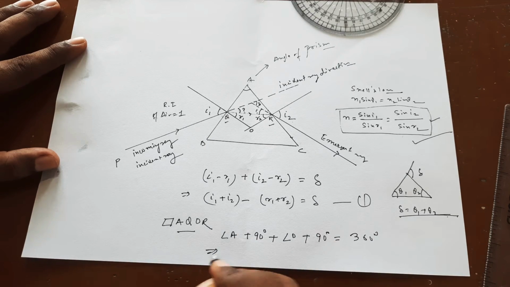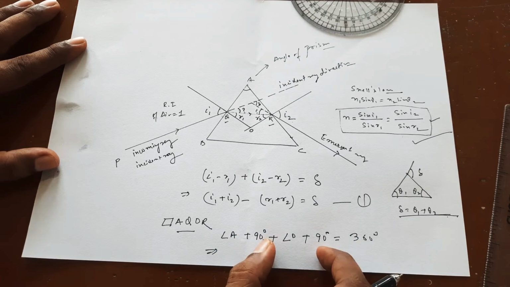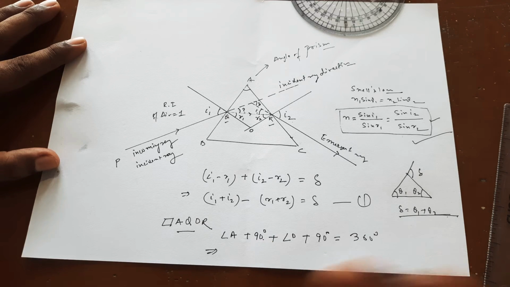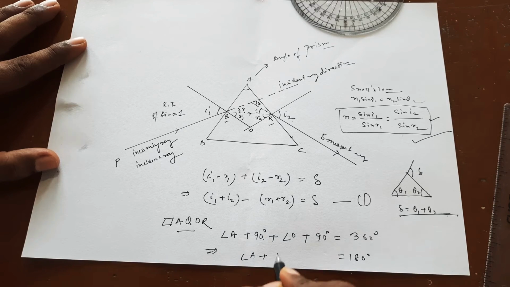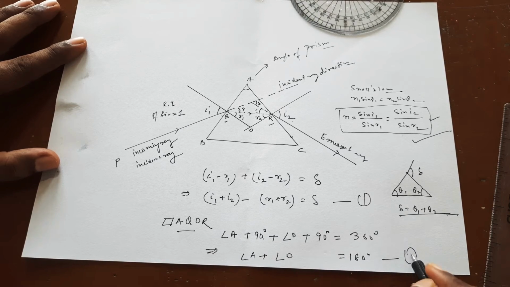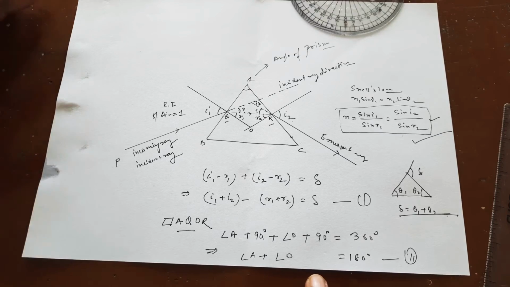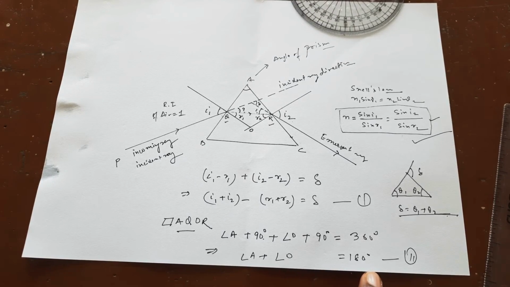So on simplification, 90 degree plus 90 degree will become 180 degree, and if I move it to the other side, 360 degree minus 180 degree will be equal to 180 degree, and this will be equal to angle A plus angle O. So this one is our second expression. So angle A plus angle O is equal to 180 degree.